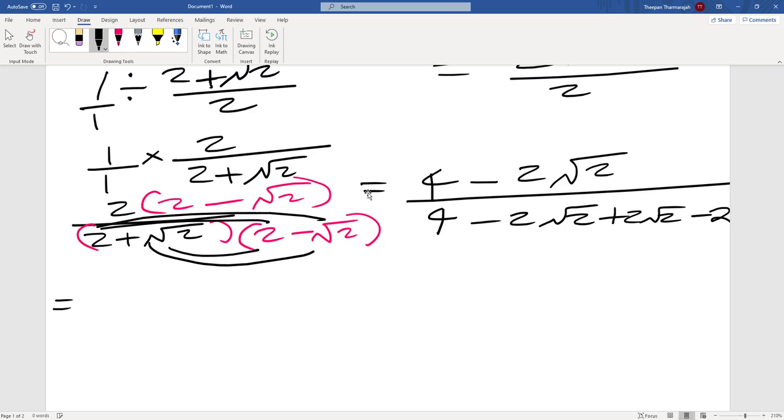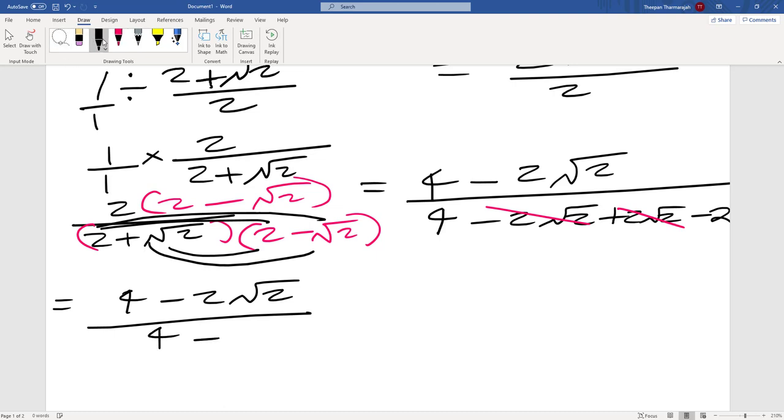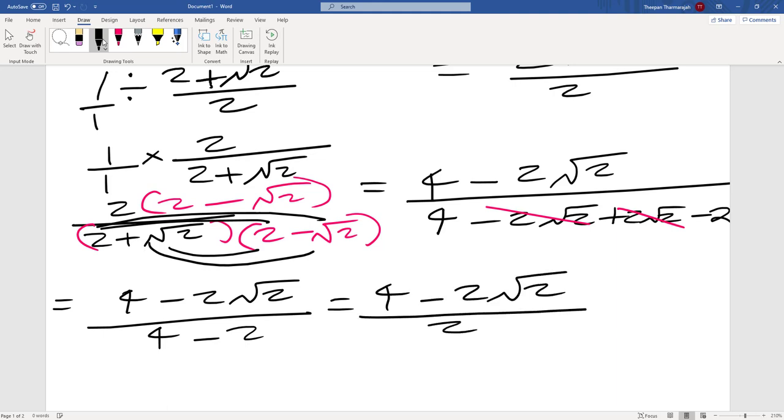So what we end up with is 4 minus 2 root 2, all divided by, well, these cancel out, the minus 2 root 2 and 2 root 2. So what I end up with is 4 minus 2, which gives me 4 minus 2 root 2 all divided by 2.